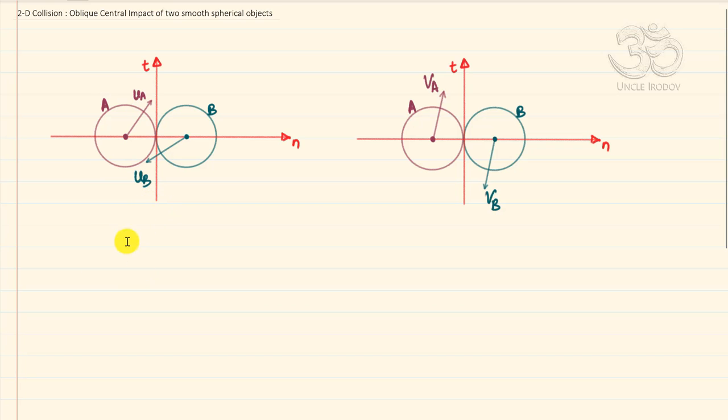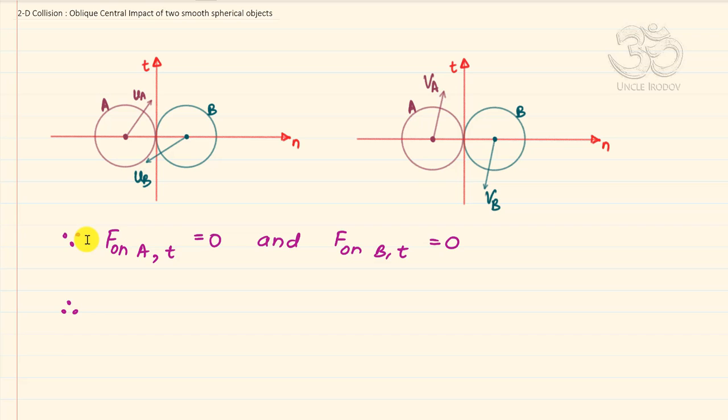And I can say that, since the force on A along the tangential axis is 0 and the force on B along the tangential axis is also 0, therefore the velocity of A along the tangential axis before the collision, so that's why I've used U, is equal to the velocity of A along the tangential axis after the collision.